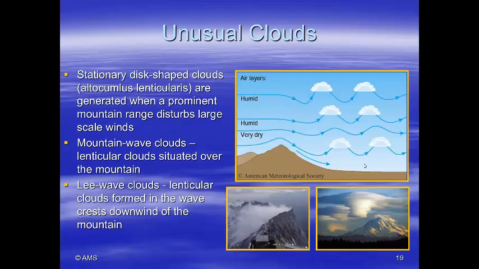We also can have mountain clouds. These are lenticular clouds situated over the mountain. And leeward clouds, these form on the leeward side of the mountain.